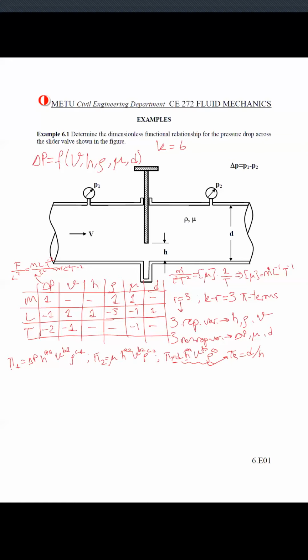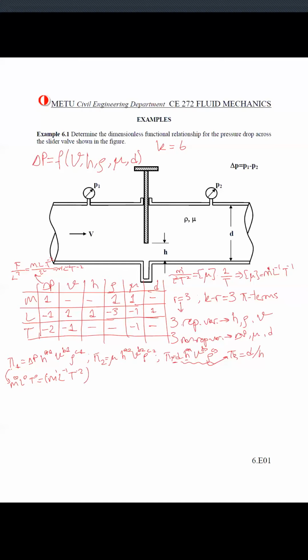For pi 1, for example, we know that on the left-hand side we have M to the power 0, L to the power 0, and T to the power 0. But on the right-hand side, delta P is a pressure having dimension of M to the power 1, L to the power minus 1, and T to the power minus 2.